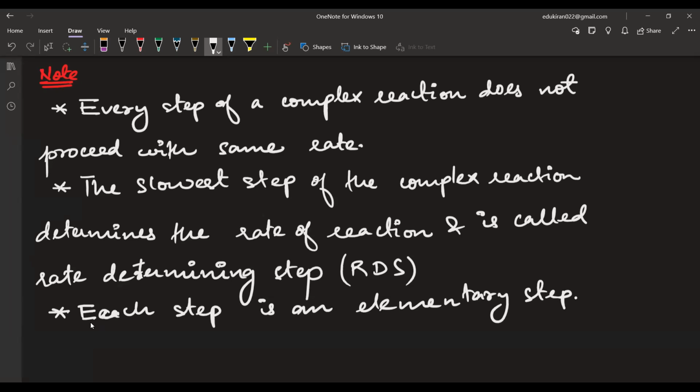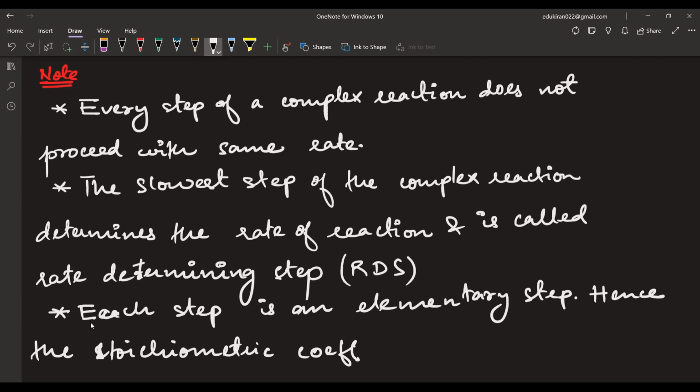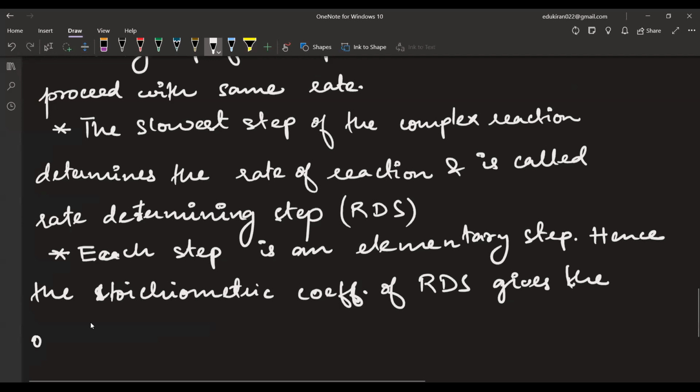Hence, the stoichiometric coefficients of RDS give the order of reaction.